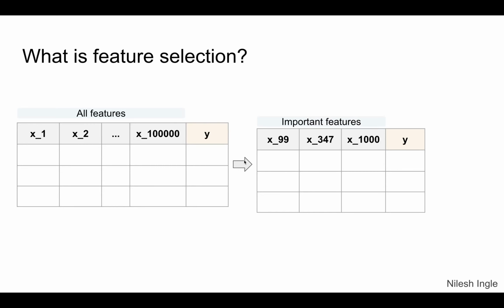So let's say we apply feature selection and then we end up with just three features that are the most important features that are able to predict the value for y with reasonable accuracy. So here the output of a feature selection would be these three features, let's say 99, 347, and 1000. All other features were deleted.